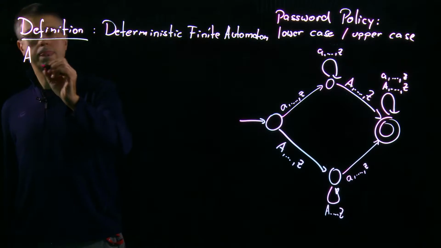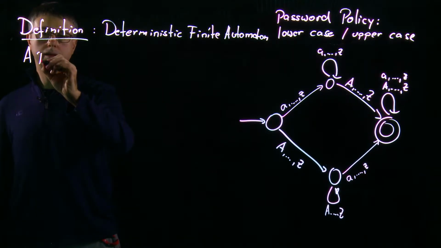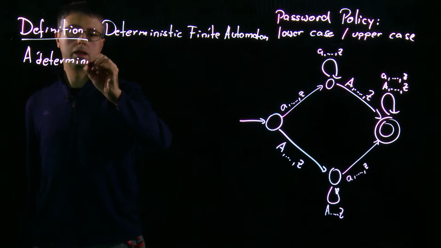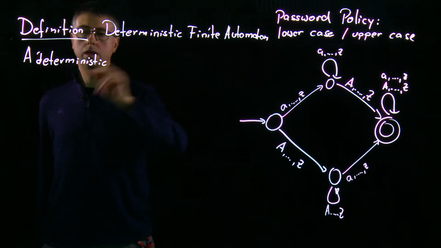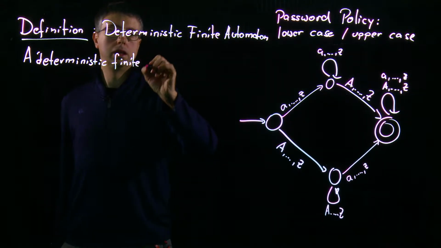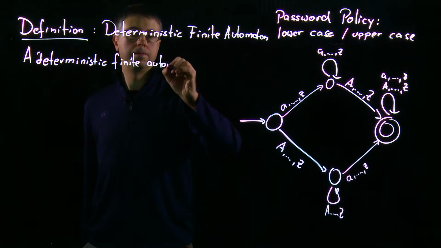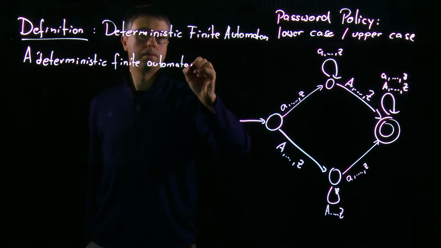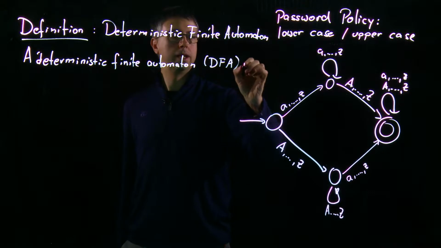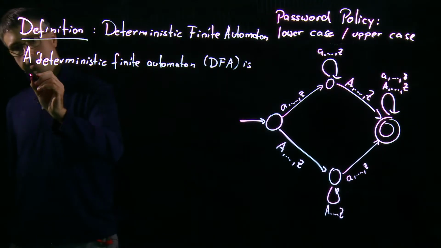We say a deterministic finite automaton, short DFA, is a structure.